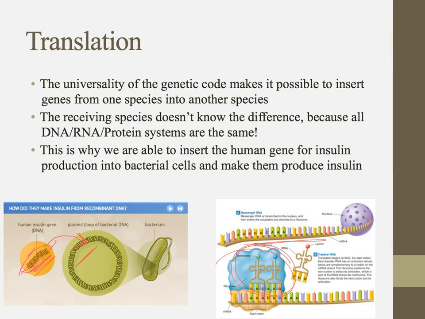And so what that does is it codes for the same polypeptide or the same amino acid sequence, and we get an identical protein. Okay, insulin is a protein, so we're able to then just harvest that protein, and it is exactly the same coming from this process as it would be if it were naturally occurring in humans. So something really cool there.